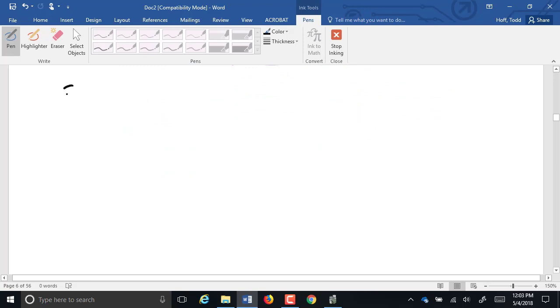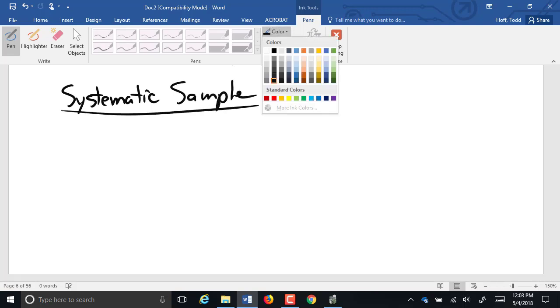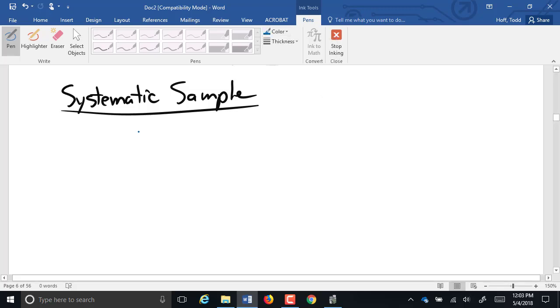Something called a systematic sample. A systematic sample, we have that population of 100 people, and we want a sample size of 10, so that means we need 1/10 of the population sample.